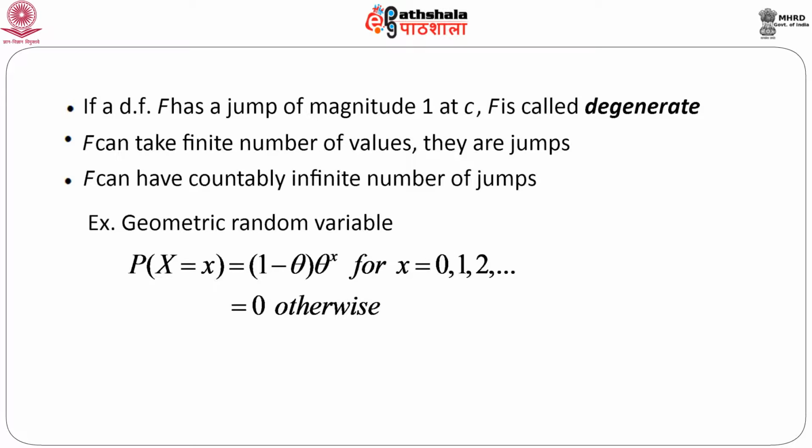So, if we take x equals 0, the jump is 1 minus theta. If we take x equals 1, the jump is 1 minus theta into theta. If we take x equals 2, the jump is 1 minus theta into theta square, and so on. And if we calculate the distribution function, we can immediately show that it satisfies all the three properties that we discussed in the last class.